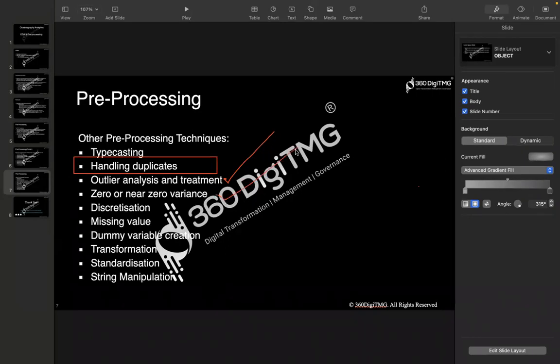Then we have zero or non-zero variance. Zero variance means all observations are equal.